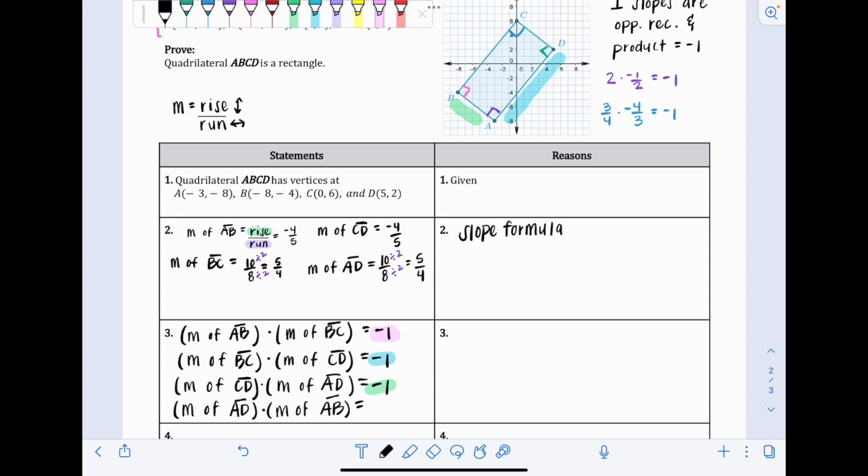So if we take those two slopes and multiply them together, AD was 5/4 was its slope, and the slope of segment AB was -4/5. So a number times its opposite reciprocal is going to give us a product of -1.